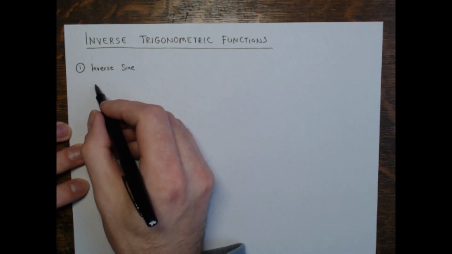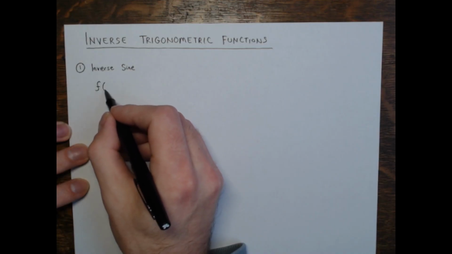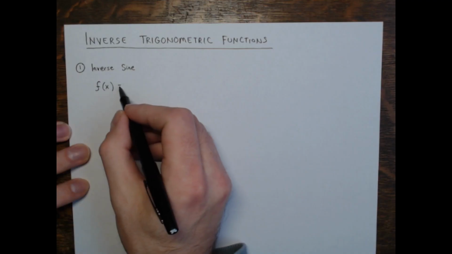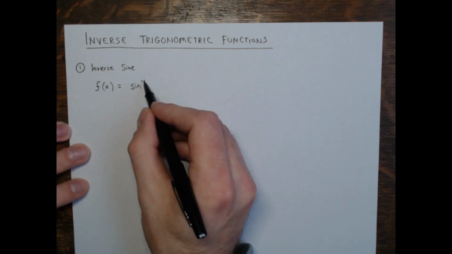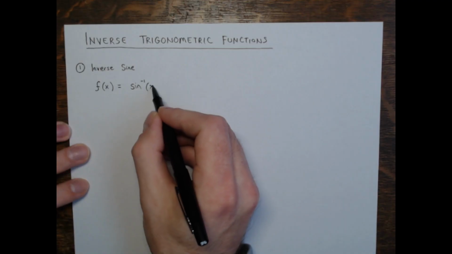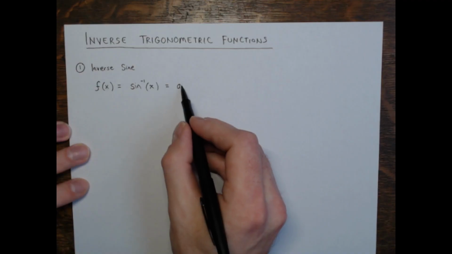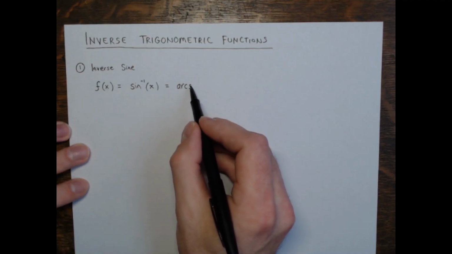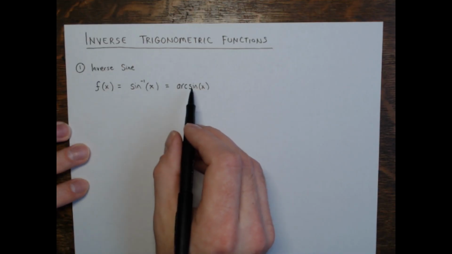So that's, say f of x equals this sine with the little -1 above it. This is the inverse sine of x. Or you might have seen this again from a trig class, arc sine of x. These mean the same thing.